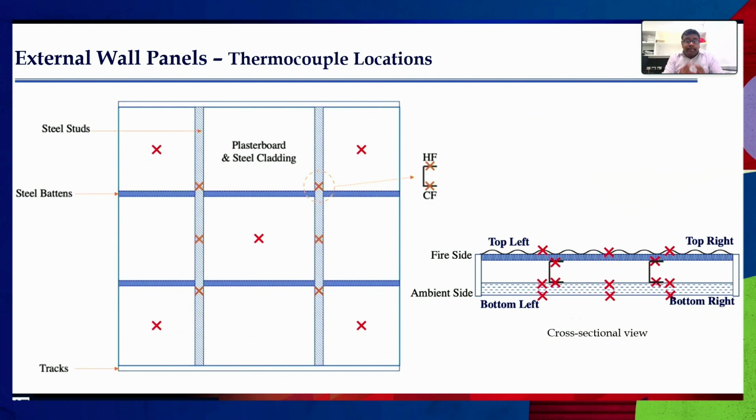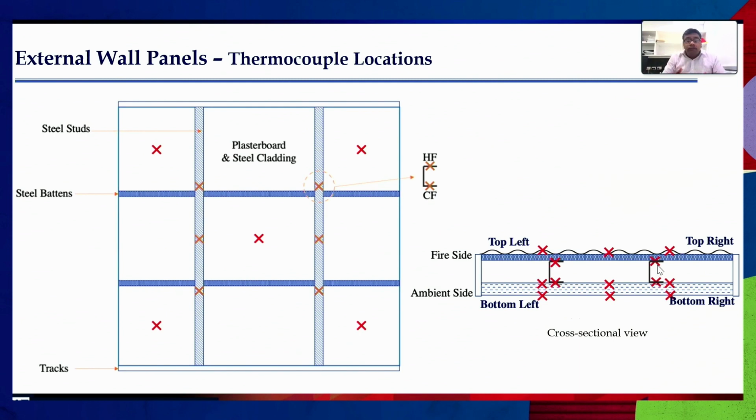This shows the test setup and the thermocouples that we had on the panel. We had about 35 to 40 thermocouples covering along the wall and across the wall, and we measured even on the flanges of the stud.